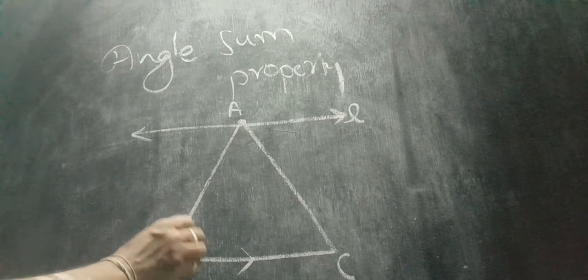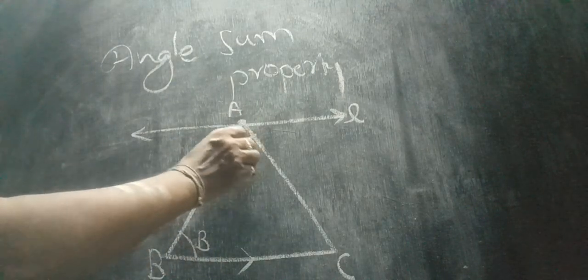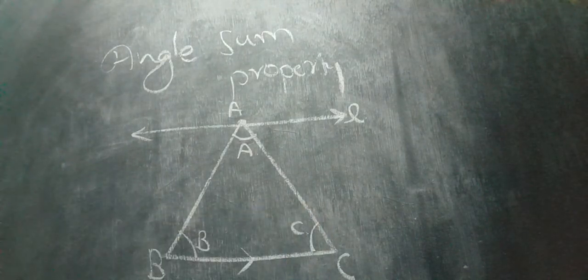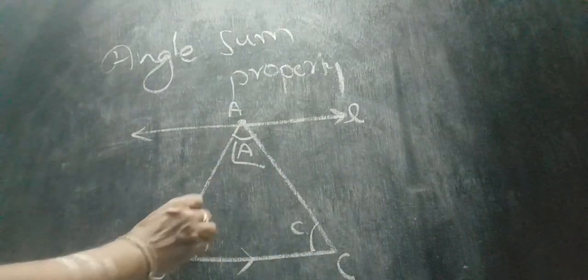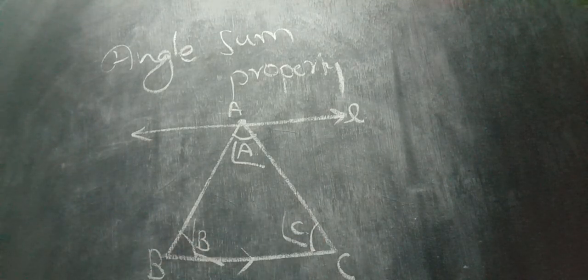Now these three are vertices. This is angle A, this is angle B, and this is angle C.